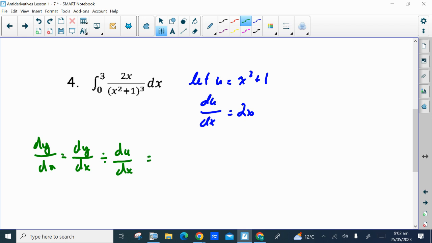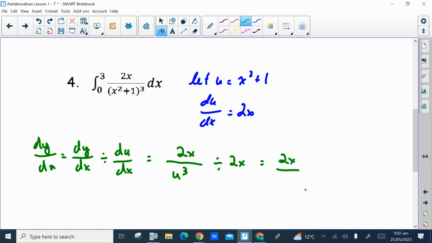So dy by dx is the original expression, except instead of writing x squared plus 1 inside the brackets, that's what u equals. So it'll be u cubed, divided by du by dx, which is 2x. Dividing by 2x is the same as multiplying by the reciprocal, 1 over 2x.